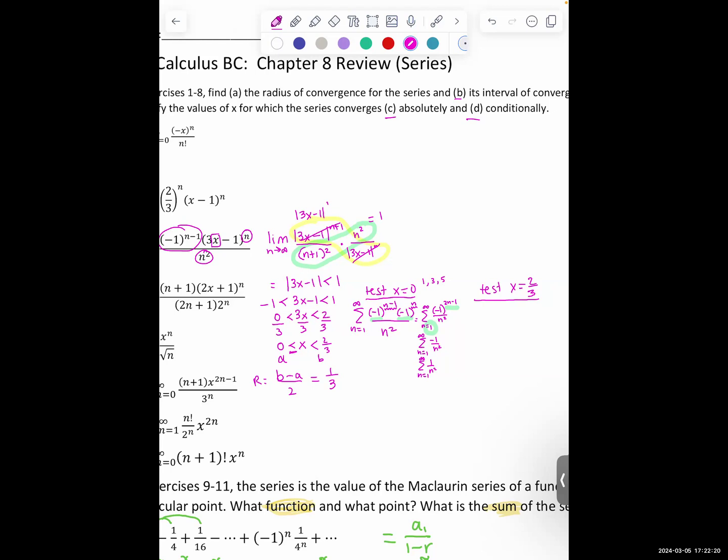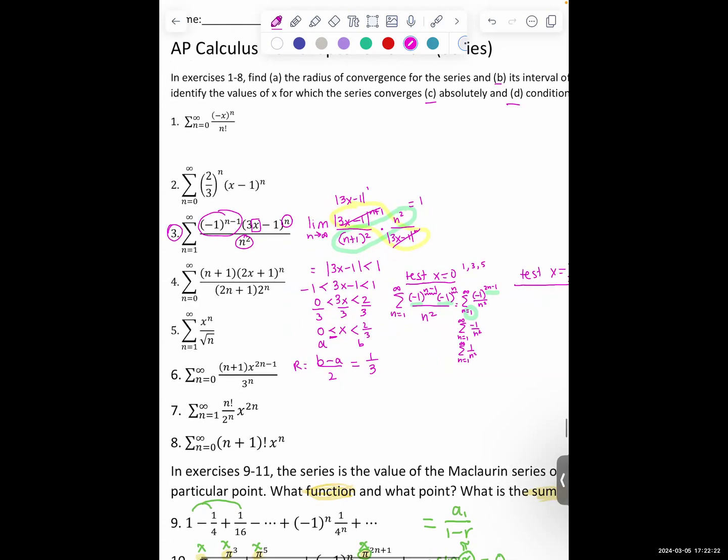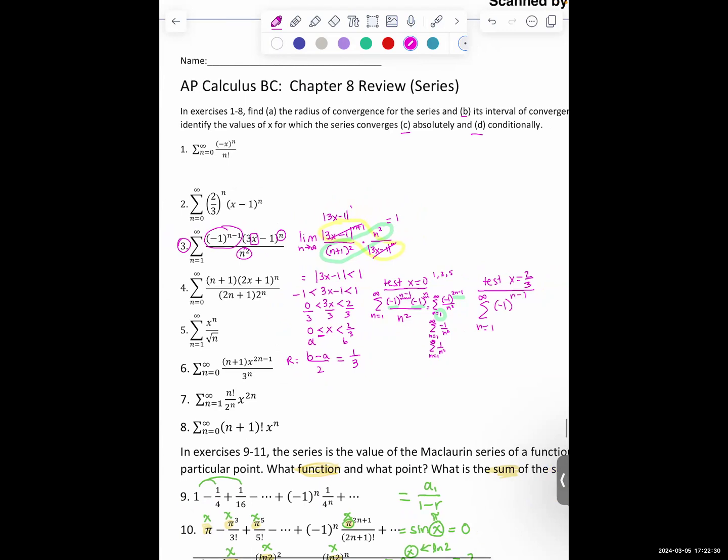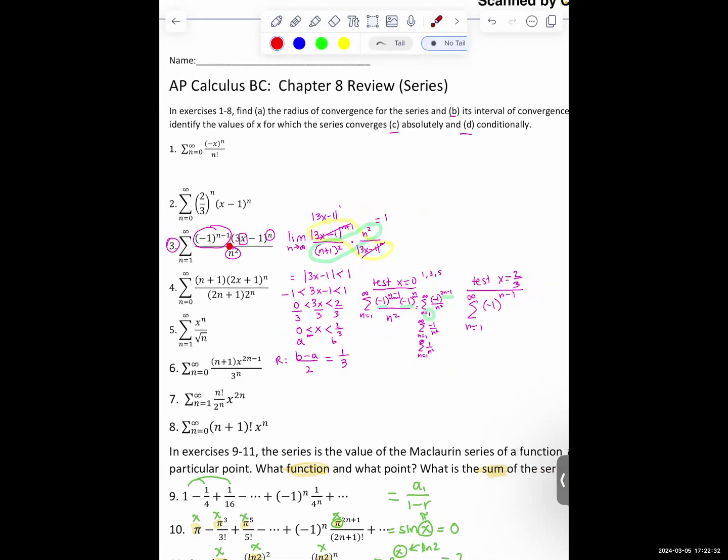So let's try 2/3. When I plug 2/3 back into the original, n equals 1 to infinity of negative 1 to the n minus 1, 2/3 plugged in here is going to result in 2 minus 1 to the nth power, so that's 1 to the nth, all over n squared.